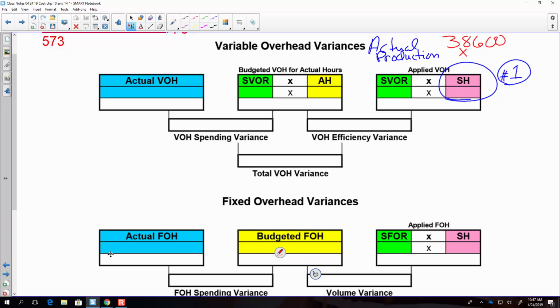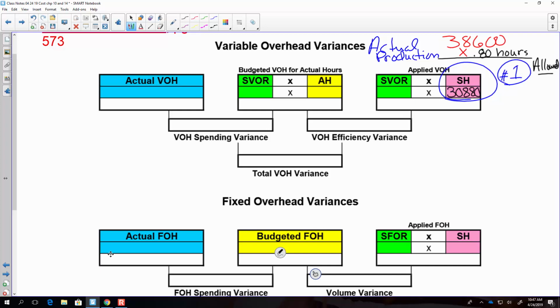So I'm going to multiply this by the 0.8 hours. And we should get our first answer, allowed hours. Which is how much? 30,880.